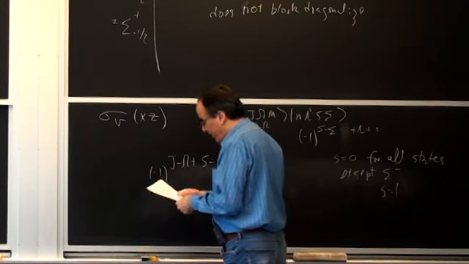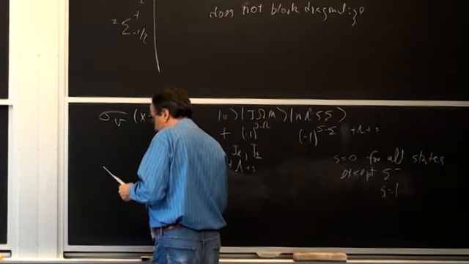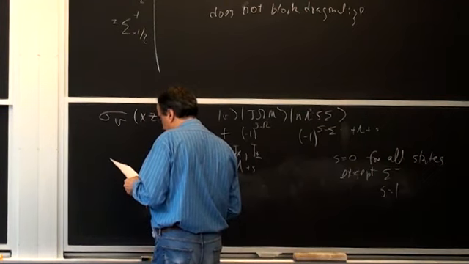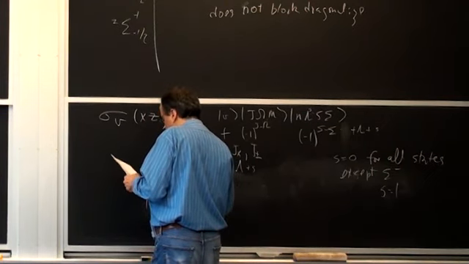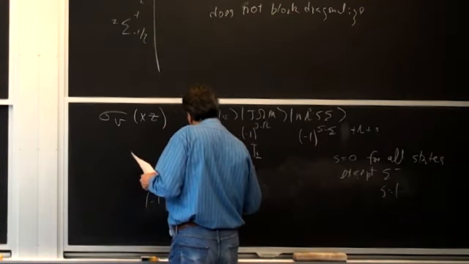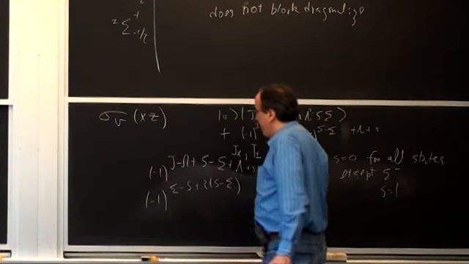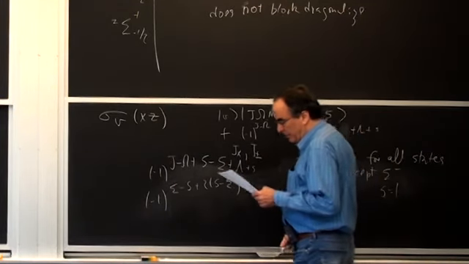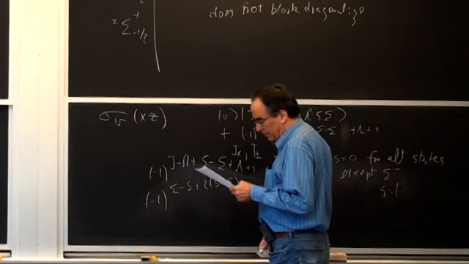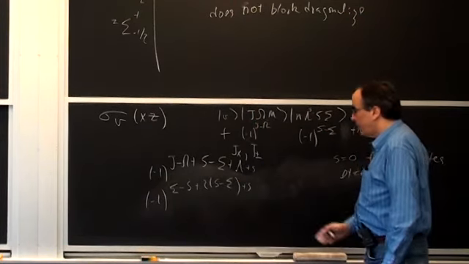I'm getting ahead of myself. Okay, so I want to reduce this to -1 to the sigma minus s plus 2 times s minus sigma, plus little s.